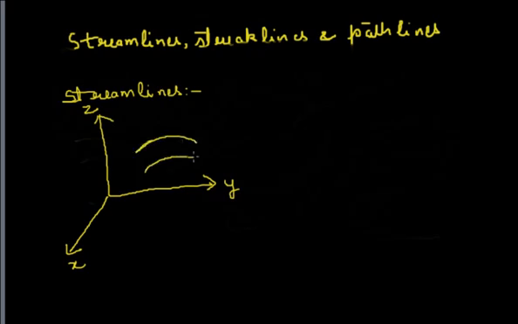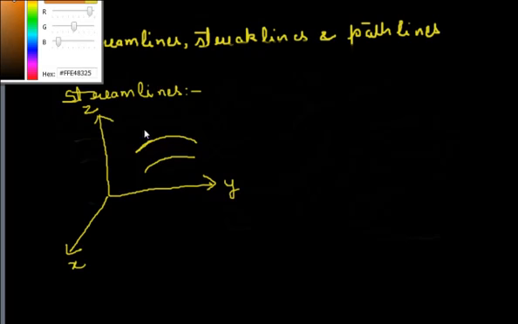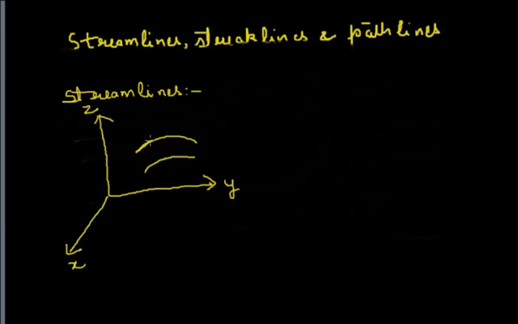We will consider one point. I'll change the color. Suppose at this point we will consider the velocity vector. Now it should be tangent to the streamline. So let the coordinates of this point be x, y and z.